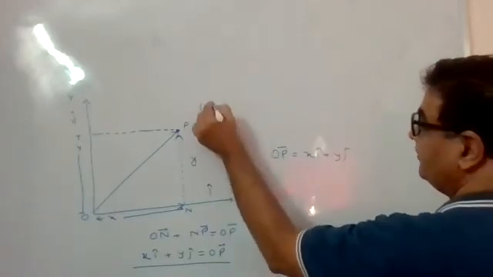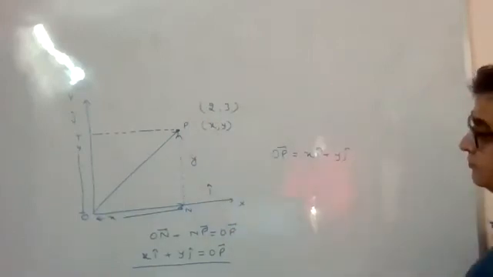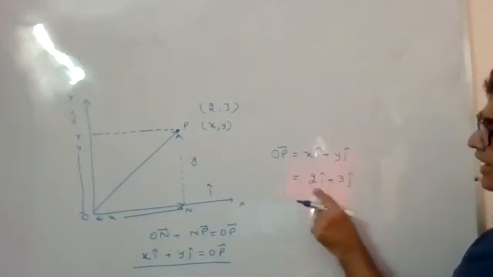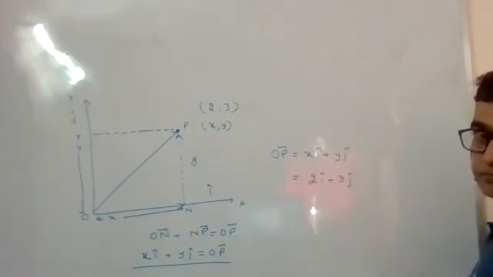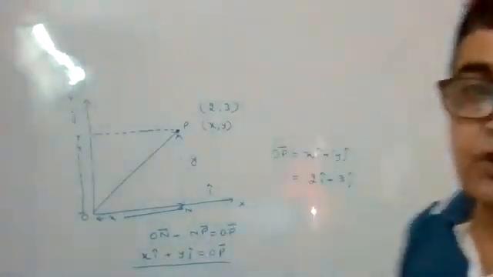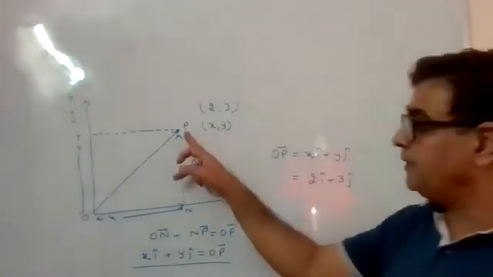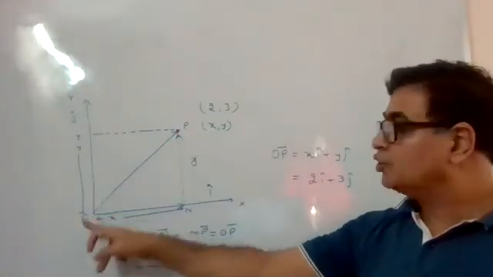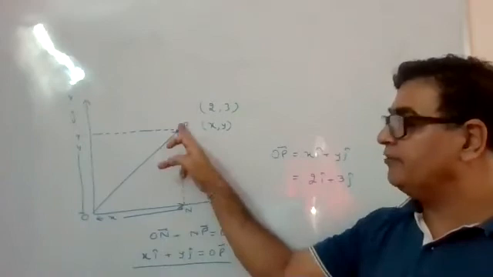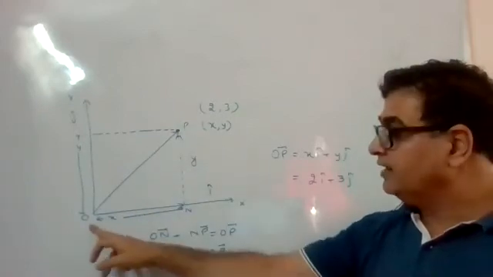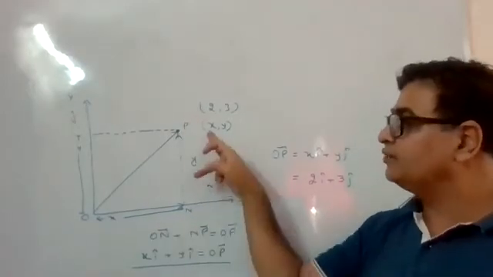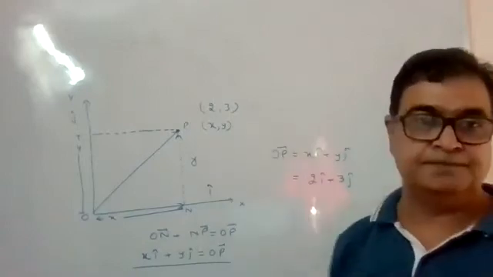For example, if the coordinates are 2, 3, then OP vector is written as 2i plus 3j, where x is 2 and y is 3. This is called the position vector of point P. To find the position of point P, join it with the origin, so OP gives the position vector of point P. This is x and this is y, its magnitude x, its magnitude y; this vector we write as xi cap, this vector as yj cap, then xi plus yj is the OP vector.